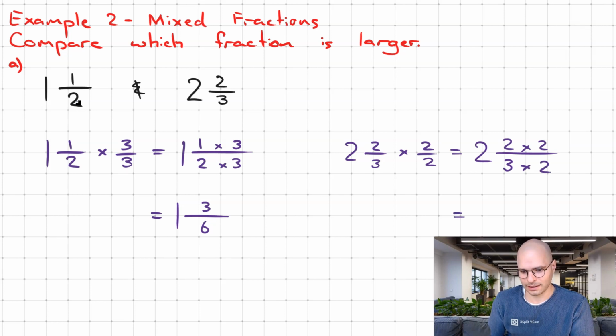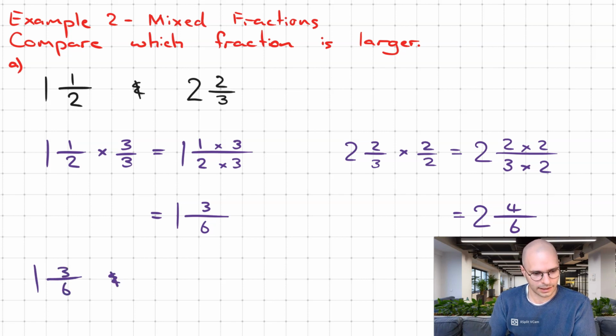Next, I do the calculation. 2 stays at front, I get 4 over 6. So my equivalent fraction for 2 2/3 is 2 4/6. I now write these together, 1 3/6 and 2 4/6.